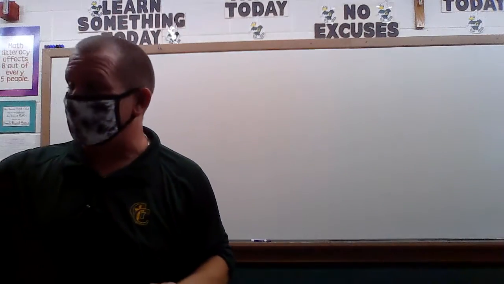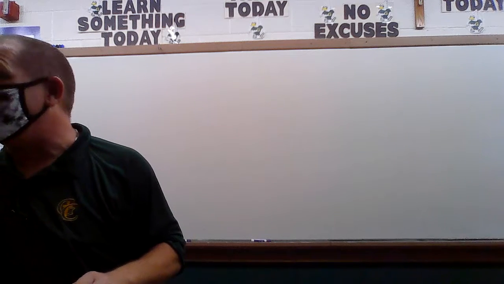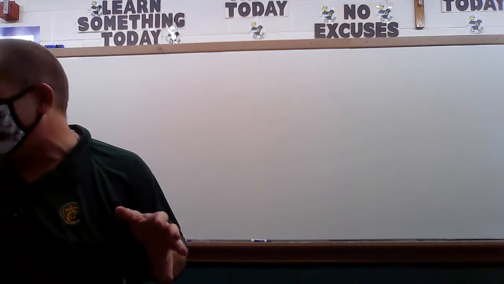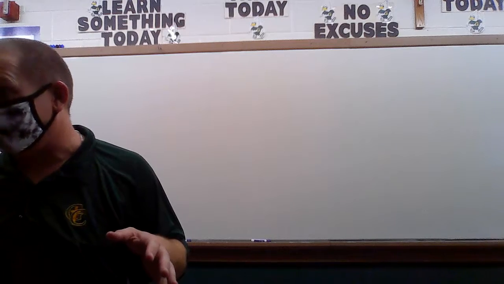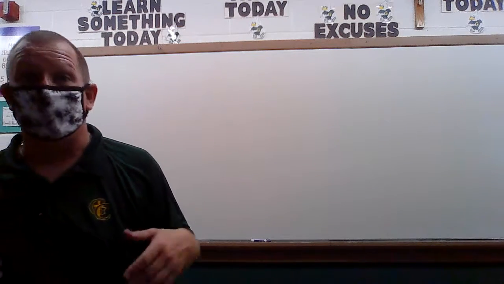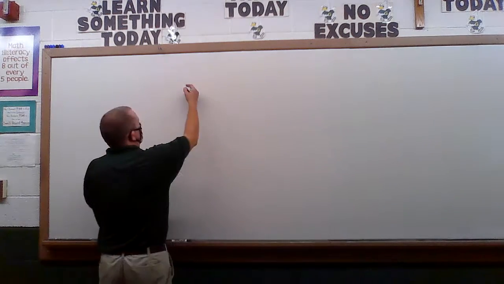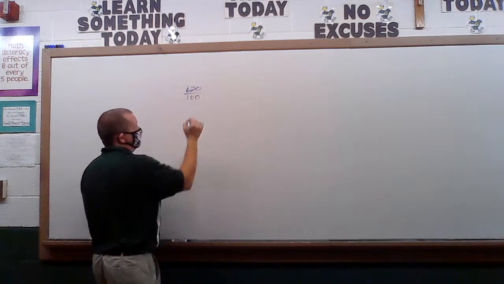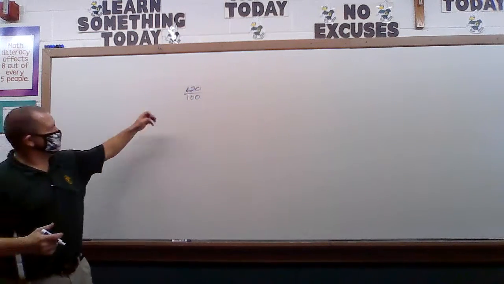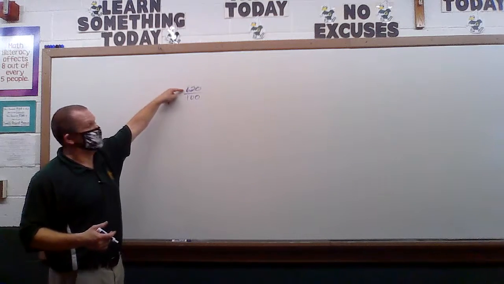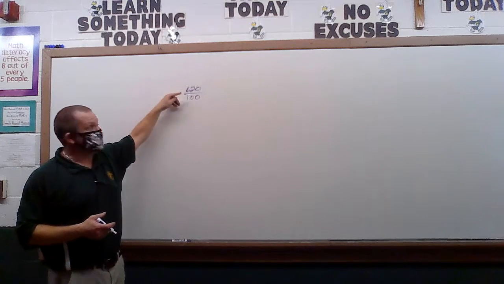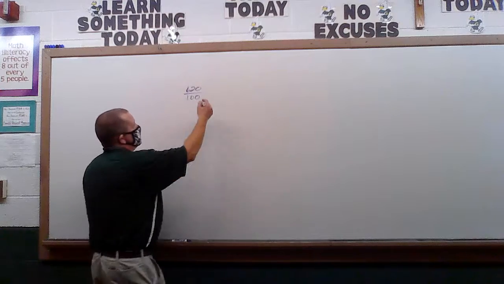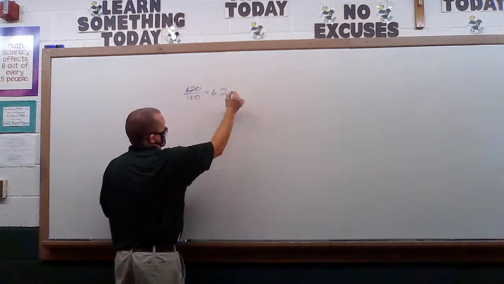So in a sense, what they're asking you is, how many units of $100 did I have? 6.2, right? So essentially, whenever you do these problems, you're going to take the amount that they give you, in our case 620, and divide it by 100. Or essentially, they're asking you, how many hundreds do I have in 620? So I have 6.2 units of 100.